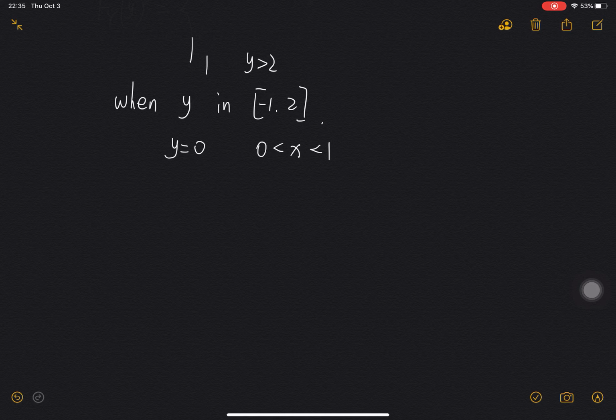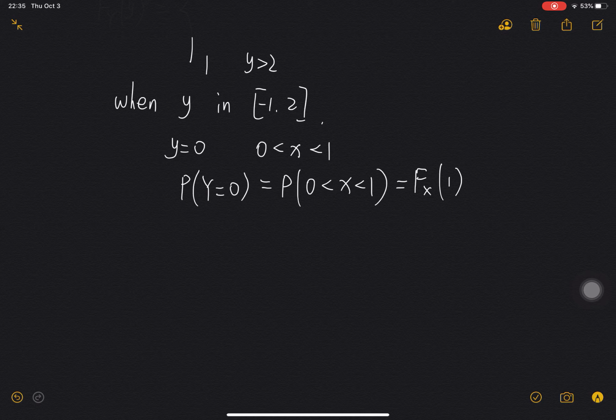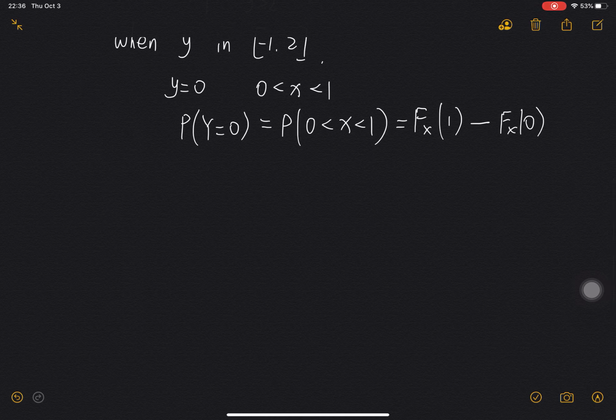And the probability of y equals 0 should be the probability of x between 0 and 1. So according to the density function, we can know that like this, right? Okay. And this is a constant, right? Constant.